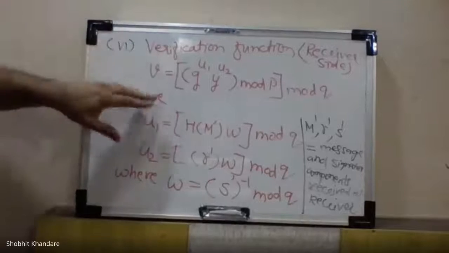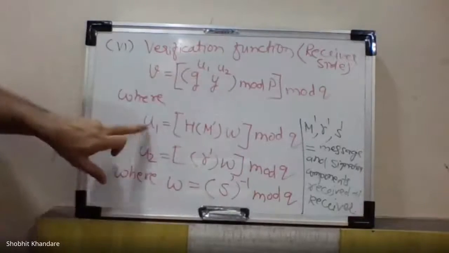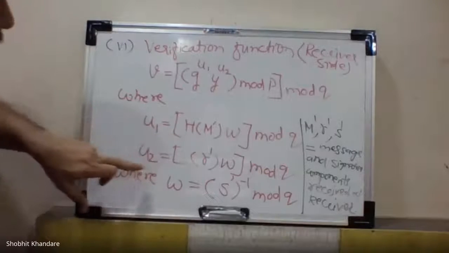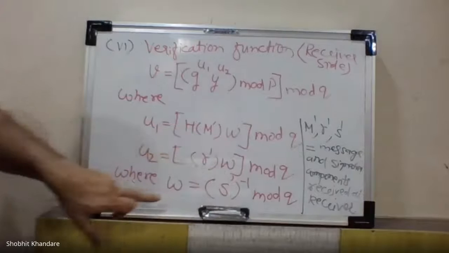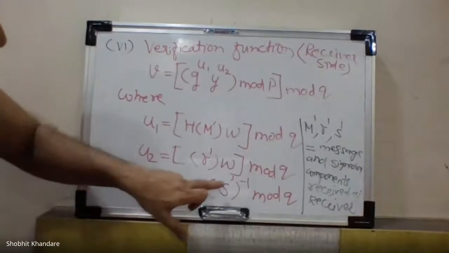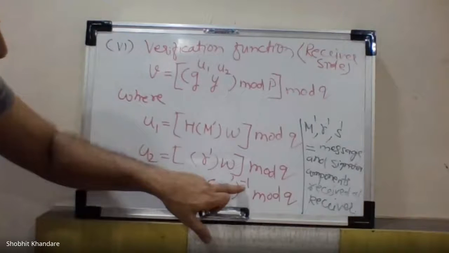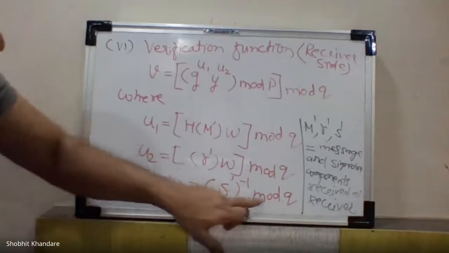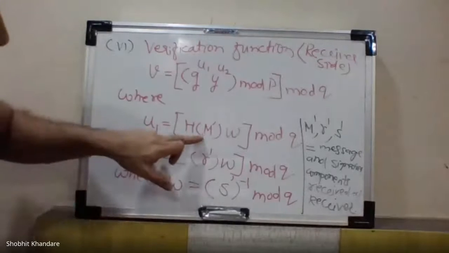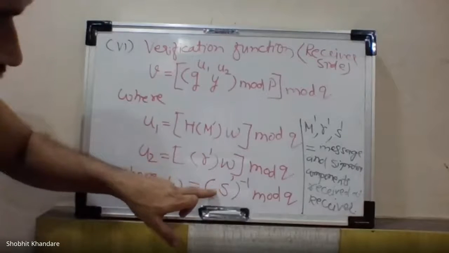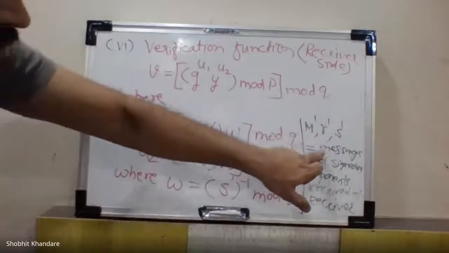See, in verification I am interested in small v, for that you have u1 and u2. The equation for u1, the equation for u2. In this the unknown is w, so about w I have written w is equal to s dash to the power of -1 mod of q. In this, what is w you have written here, what is m dash, r dash, and s dash, where m dash, r dash and s dash are the message.